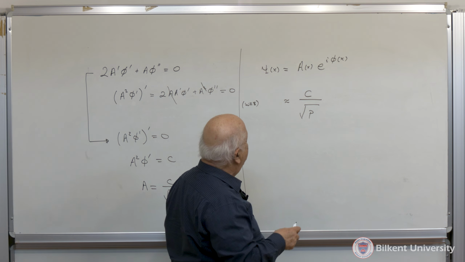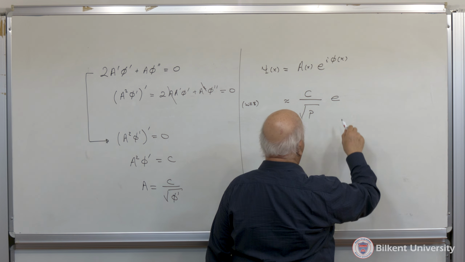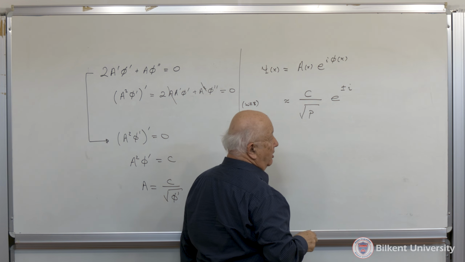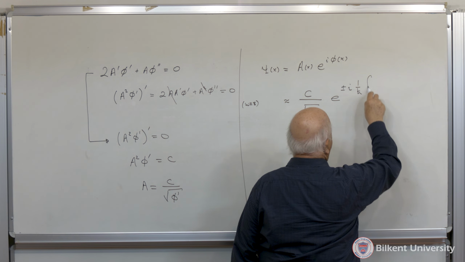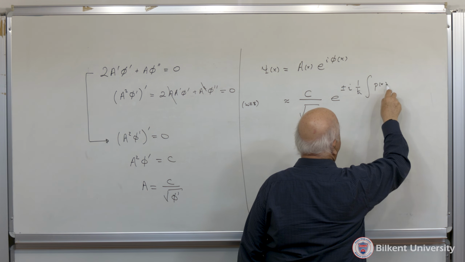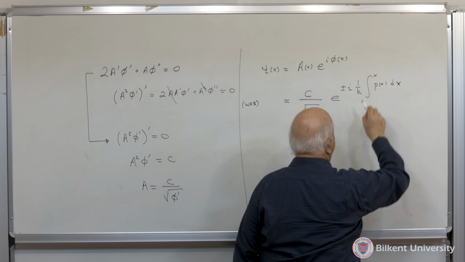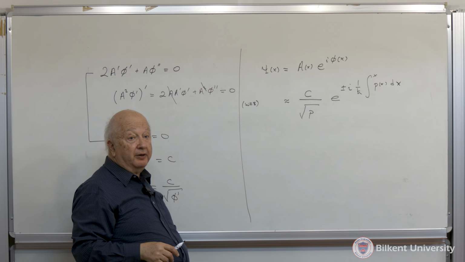And then I have e to the, in general plus or minus i, 1 over h bar times the integral of p of x dx with respect to x. So that's my form. That's my solution for psi.